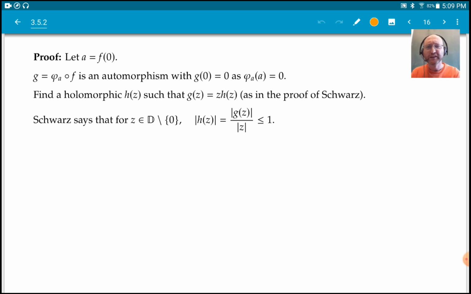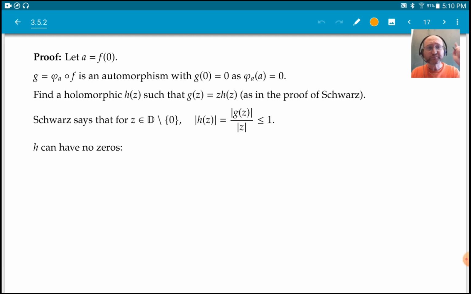Schwarz's lemma says that for all z in this disk minus 0, I have that the modulus of h is less than or equal to 1. It's really that the modulus of g of z is less than or equal to the modulus of z. That's what Schwarz tells us.